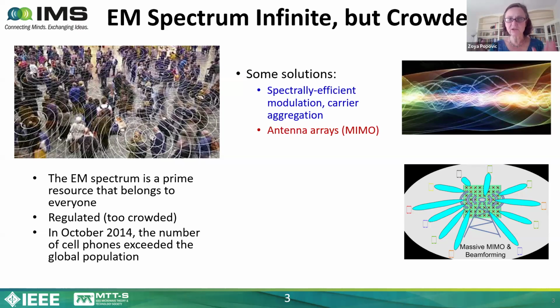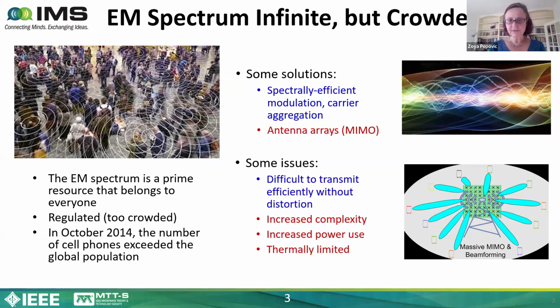And that means that we also introduce some spatial filtering or spatial properties. In other words, we can focus on one user at a time. A special case of this is MIMO, which is multiple input, multiple output. And so there are many things that people are doing. These are kind of the most obvious ones.